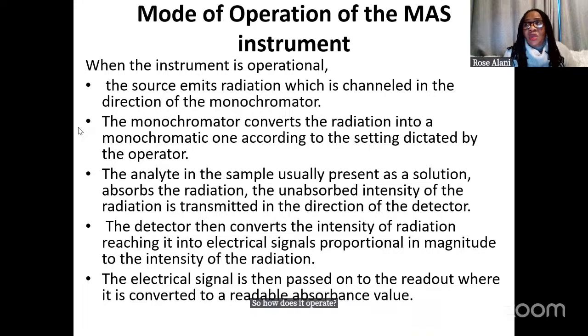When the instrument is operational, what happens is that the source emits radiation, and this radiation that is emitted is channeled directly to the monochromator. You saw the schematic representation I just gave to you now.